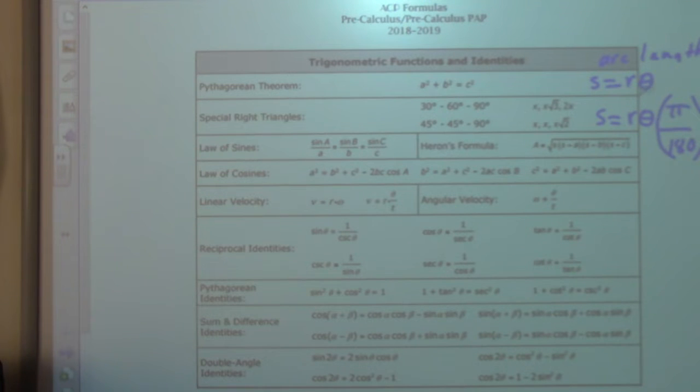So these are two different versions of your arc length formula. The reason I'm bringing this up today is we're going to be doing exercises based on these formulas today. I think I already mentioned the arc length formula a couple of times.